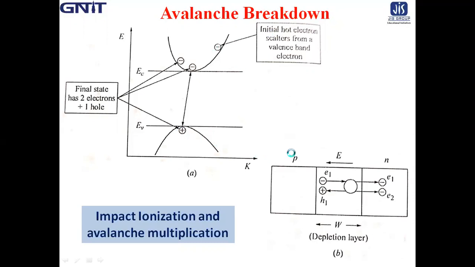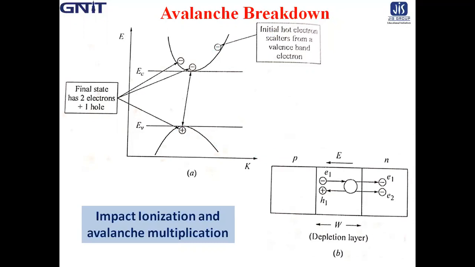So this is the process of avalanche multiplication. One hot electron gets sufficient energy and collides with other atoms and creates electron hole pairs, which is impact ionization. That means it transfers its energy until they are equal.